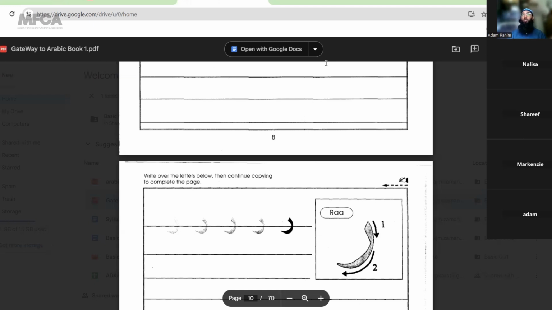But rather, it's going to be an ah sound. And in addition to that, it's going to come from a specific place, not from the same articulation point as the letter R in English.